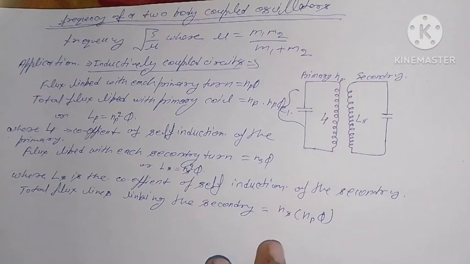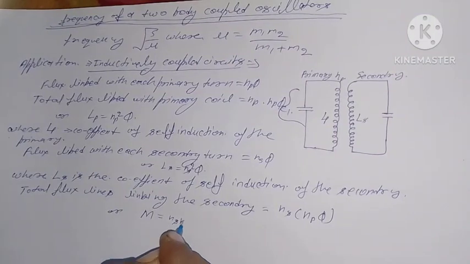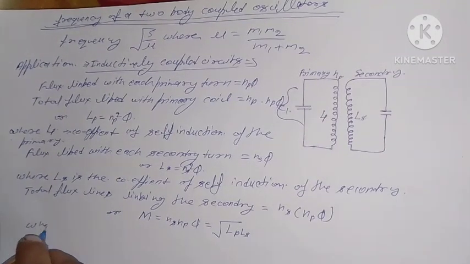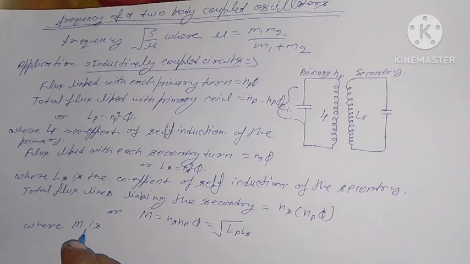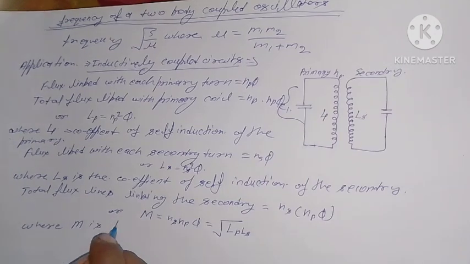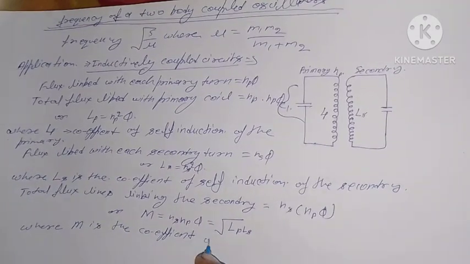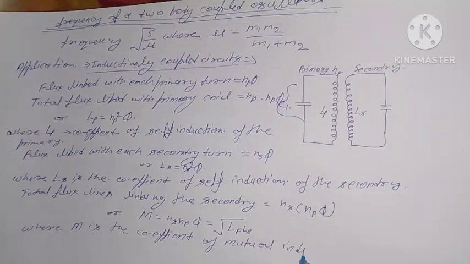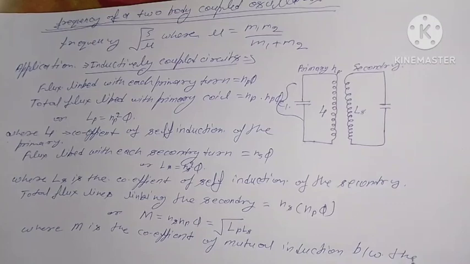So M equals NP phi, which equals under root of LP LS, where capital M is the coefficient of mutual induction between the two coils.